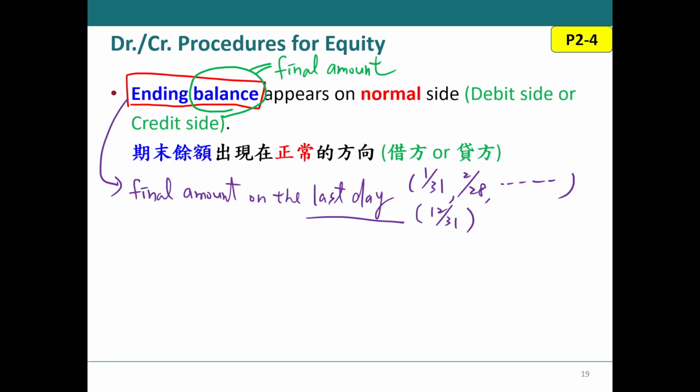Of course, we have beginning balance. Okay, so ending balance, beginning balance told you final amount on which time. So beginning balance, 期初余额 told you the number on first day.